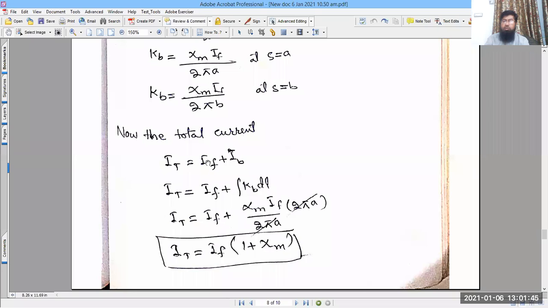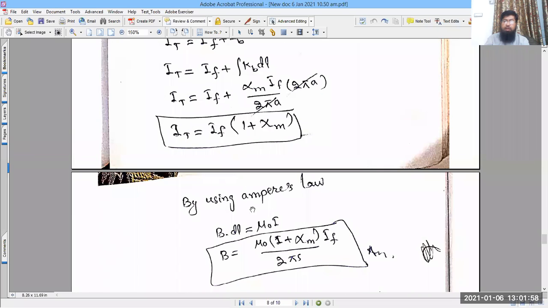It means which is due to the free charge carriers plus due to the bound charge density. So this bound current is because of the surface contribution. Volume contribution is 0. So here now Ampere's law is B dot dl is equal to mu naught I. dl is equal to 2 pi s, and I is equal to this.